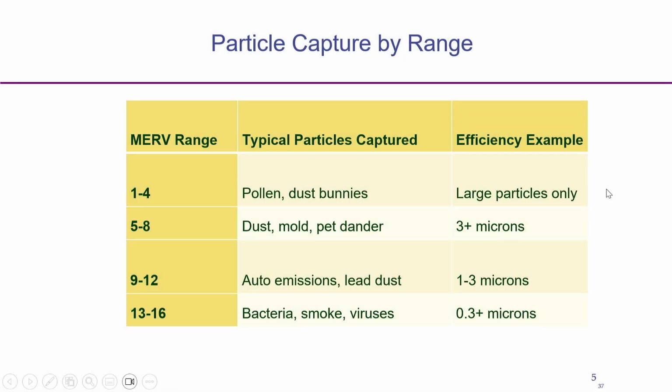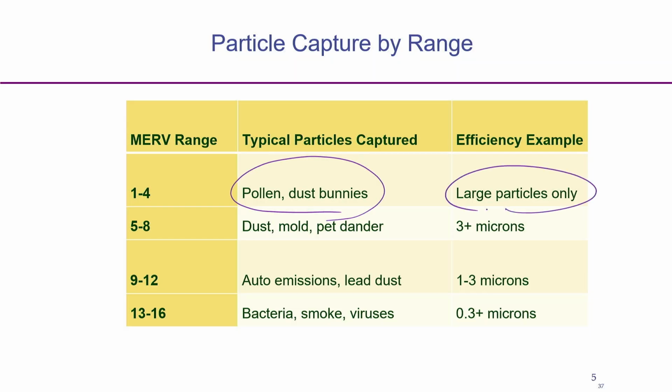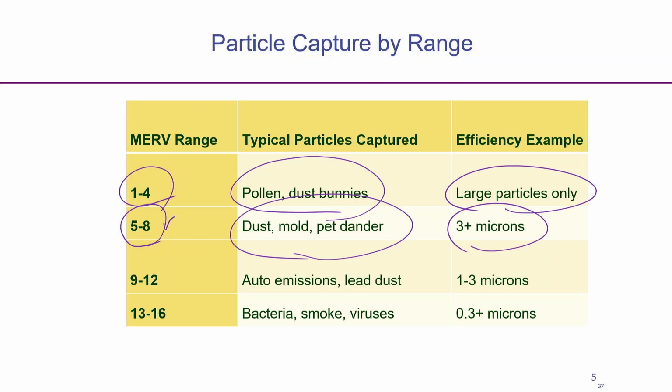Now, this is the typical range. For pollen and dust, large particles, we use a filter with a rating of 1 to 4 depending on our requirement. For dust and mold, finer particles of 3 micron and above, we use a little higher rating, 5 to 8.